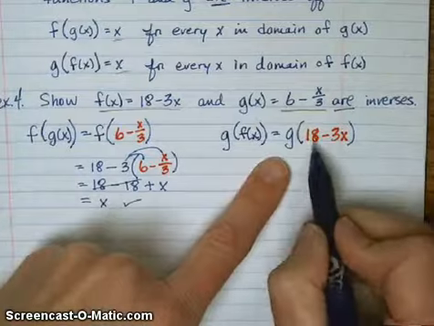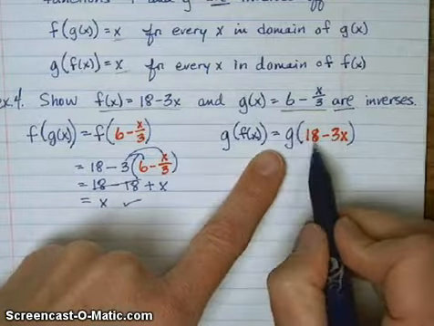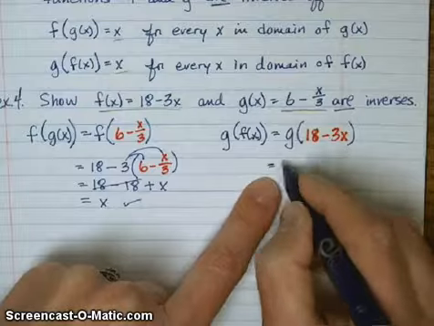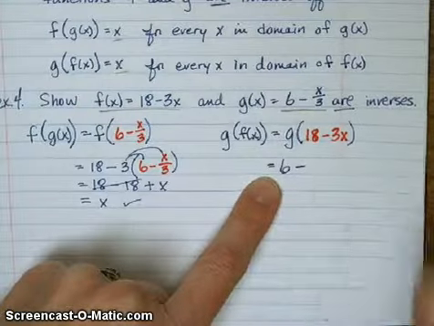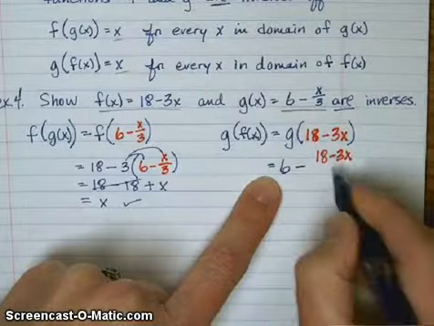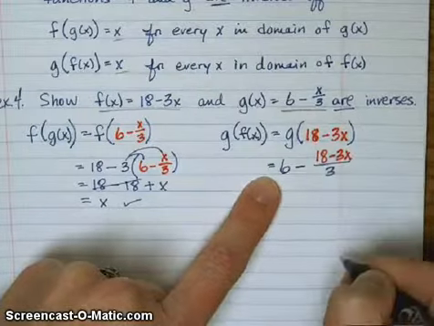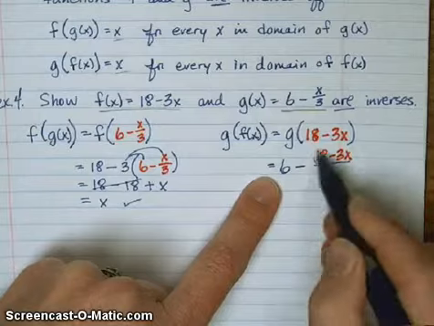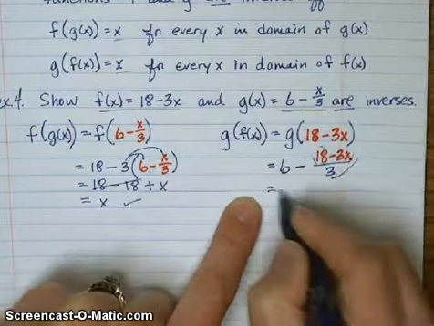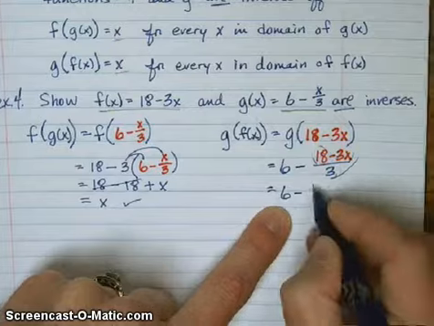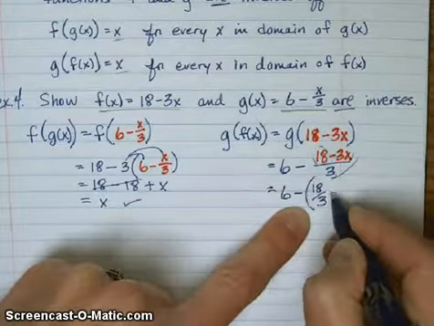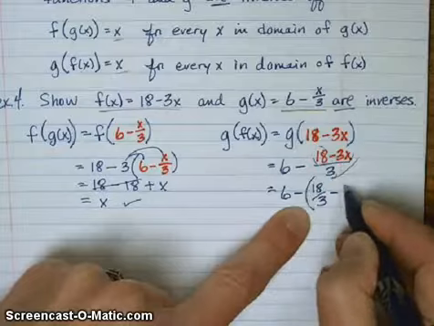Let's evaluate this function. I need to evaluate function g at 18 minus 3x. So I have 6 minus 18 minus 3x over 3. Well, I'm going to split this up into two different fractions here. So I have 6 minus 18 over 3, and now this one would also be negative 3x over 3.